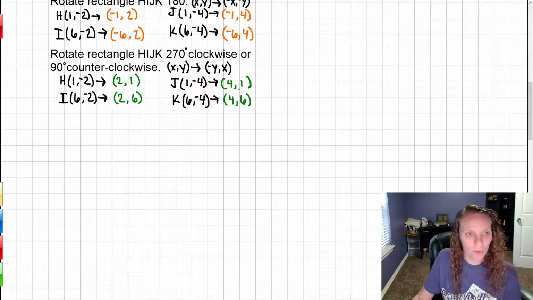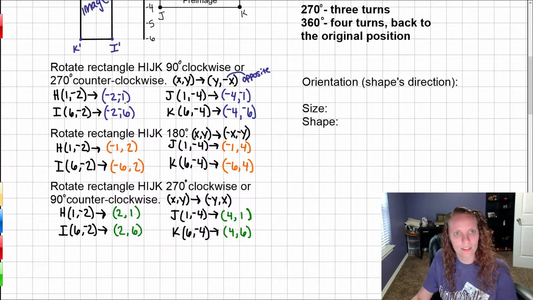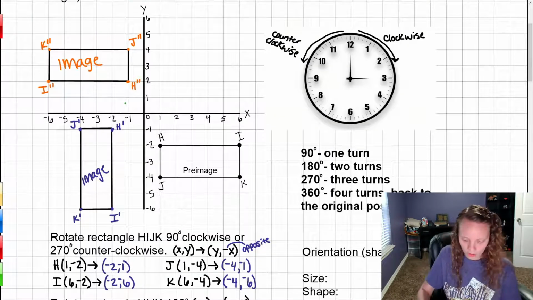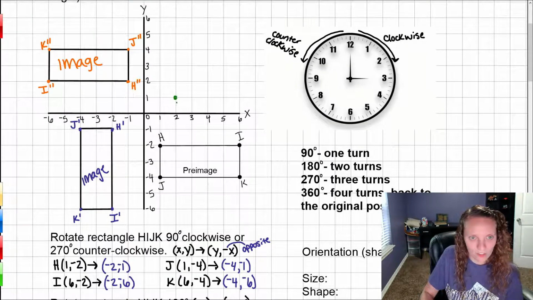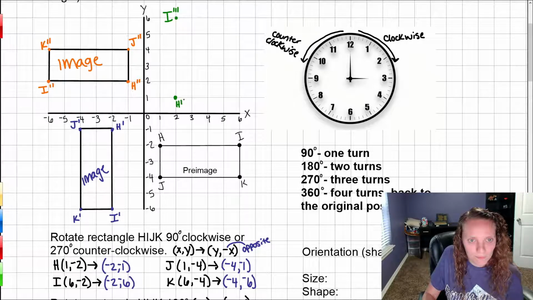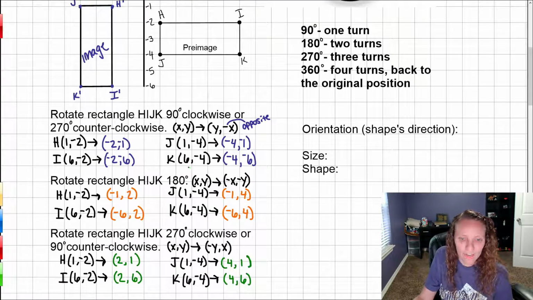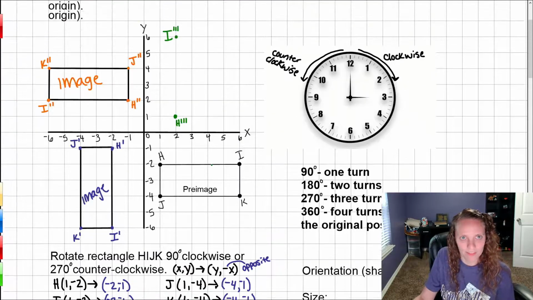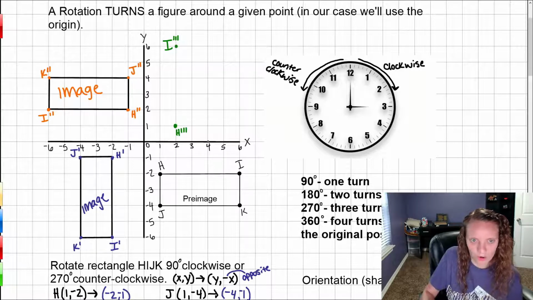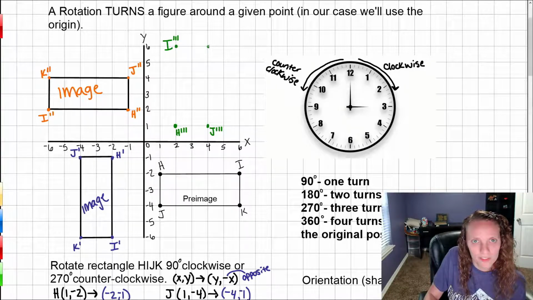Now let's plot these new points. So we have H at 2, 1 and I at 2, 6. 2, 1 for H, 2, 6 for I, and these are called I prime and H prime. And then J and K, 4, 1, and 4, 6. So over 4 up 1, and over 4 up 6.